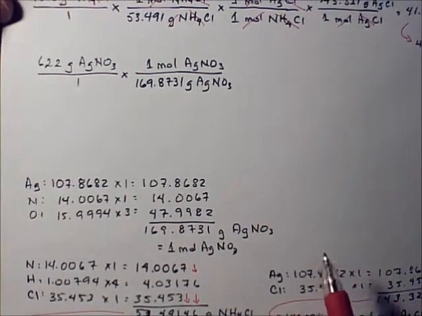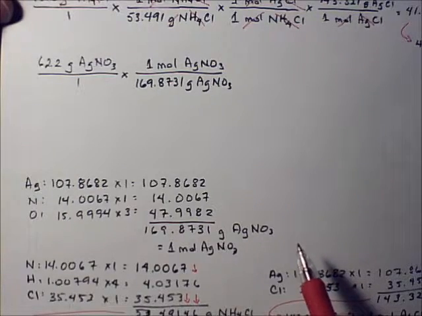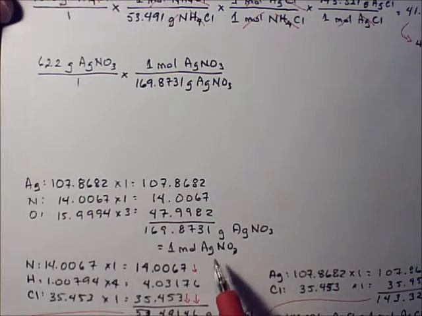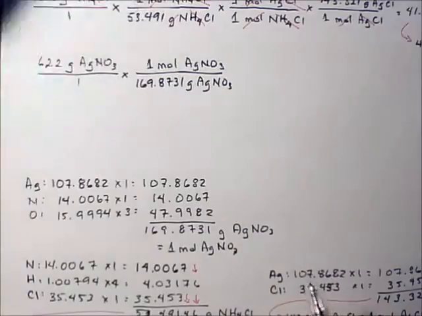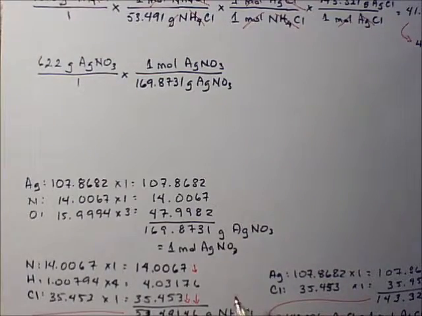I don't get how you get the 1 mole of AgNO3. You just have to know that's what it is. The definition of molar mass, that is to say, the definition of how you find out how much mass there is in a mole of a substance, is to add up the sum of all the atomic masses of all the atoms in the formula.